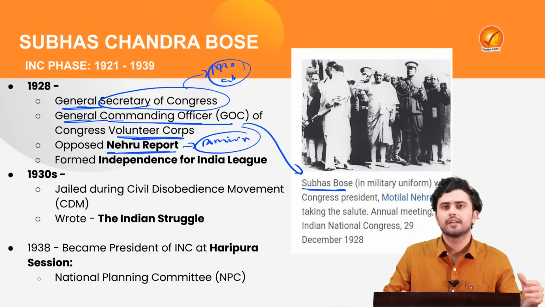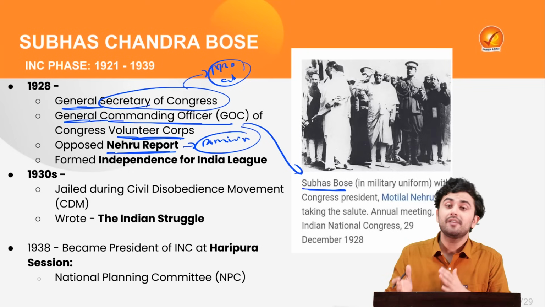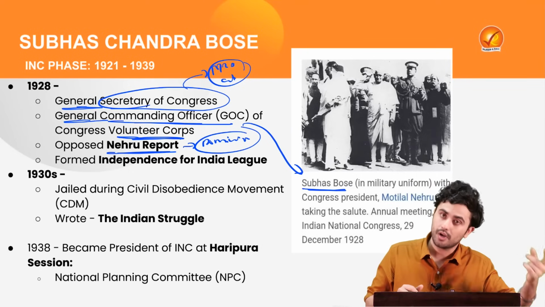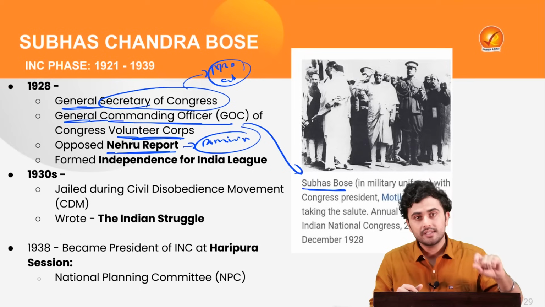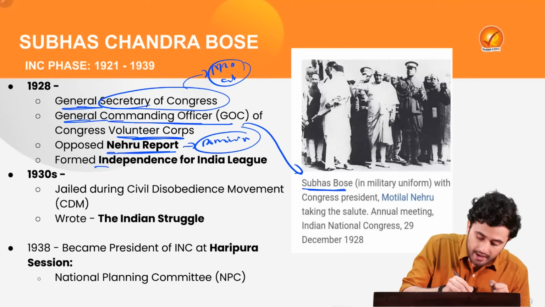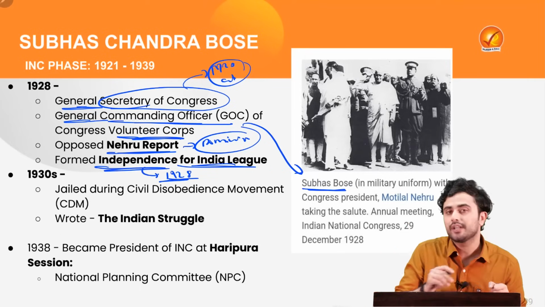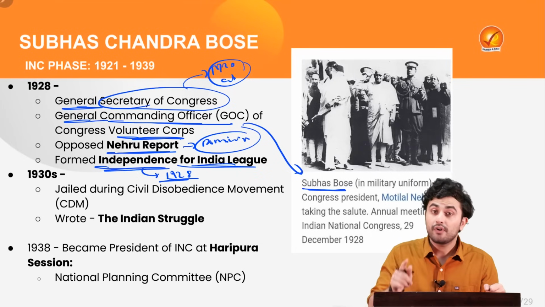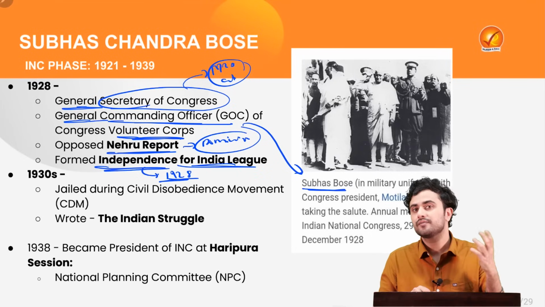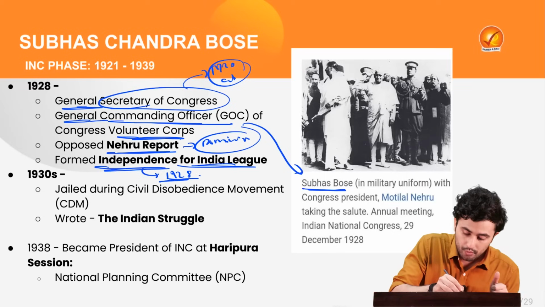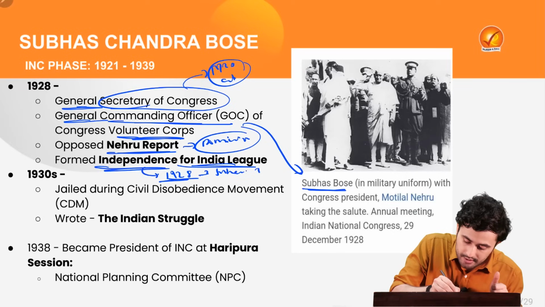However, Jawaharlal Nehru and Subhash Chandra Bose were actually demanding complete freedom, or Purna Swaraj. Thus, for this demand, they created the Independence for India League in 1928. The first president of this League was not Subhash Chandra Bose, not Jawaharlal Nehru, rather Srinivas Iyengar.